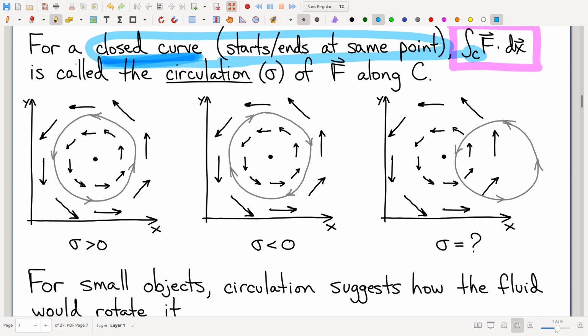Right? And so if we're measuring the extent to which the fluid follows along and around just like a closed curve does, then I think the term circulation is a reasonable term, right? We're measuring, in some sense, the extent to which the fluid is going around.